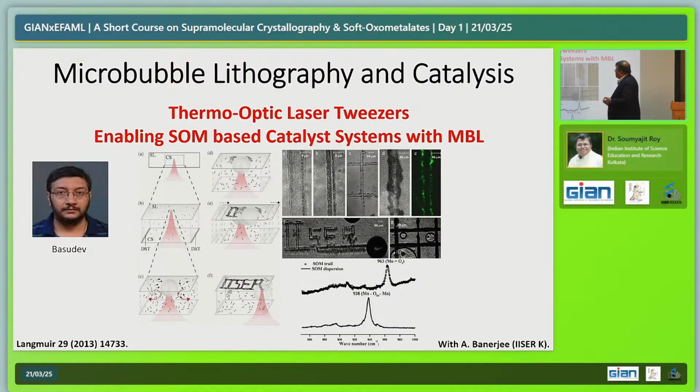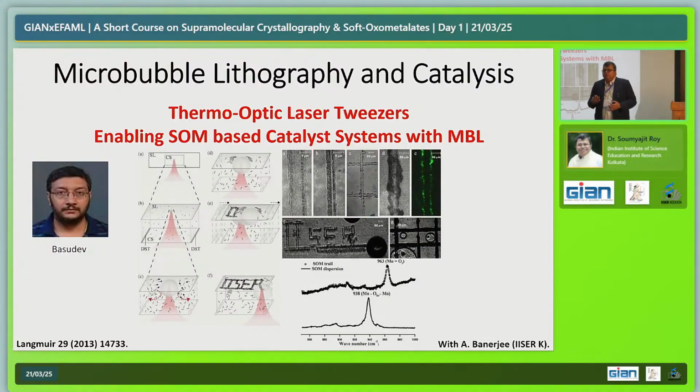When you are shining the laser, we see this tiny bubble grows. It grows in size because it gets heated up. Now when it gets heated up, it's not isolated. It has all the SOMs around it.